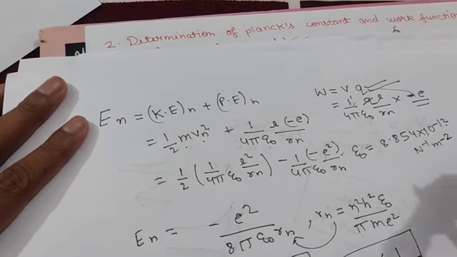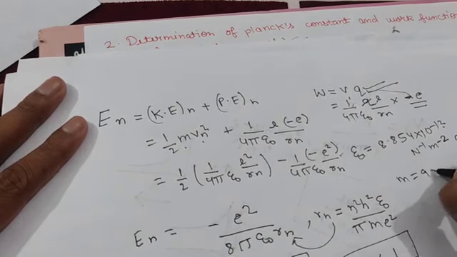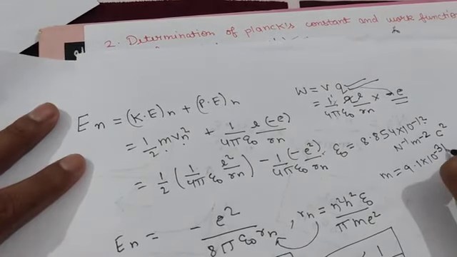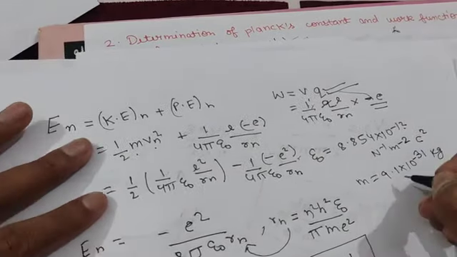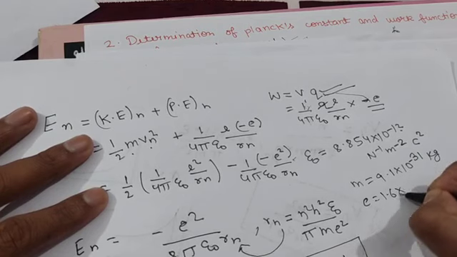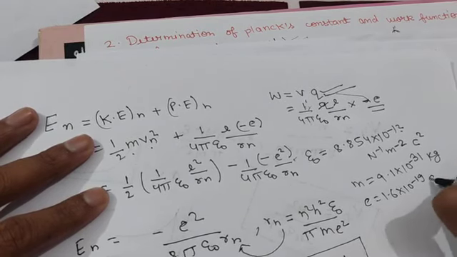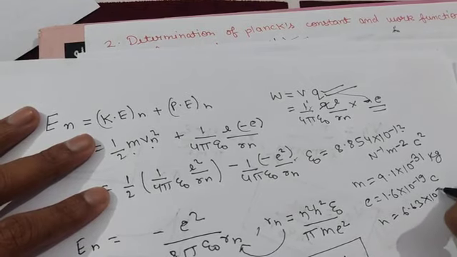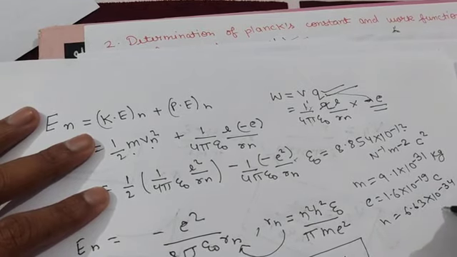This is charge square, and m is equal to 9.1 into 10 to the power minus 31 kg, and e is equal to 1.6 into 10 to the power minus 19 Coulomb, and h is equal to 6.63 into 10 to the power minus 34 Js.